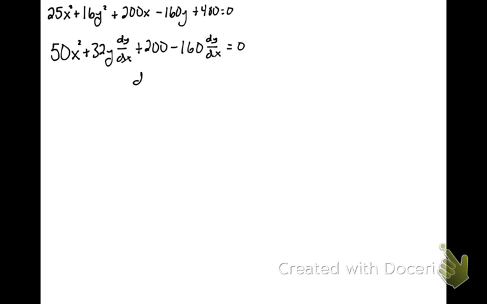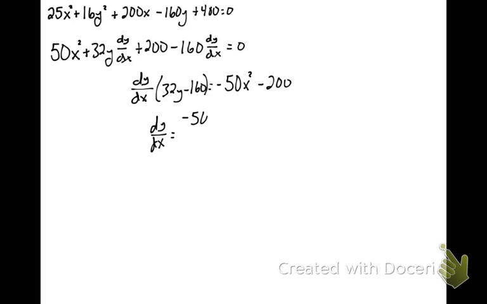So I will have on the left dy/dx times (32y minus 160) equals negative 50x squared minus 200, and dy/dx equals (negative 50x squared minus 200) all over (32y minus 160).